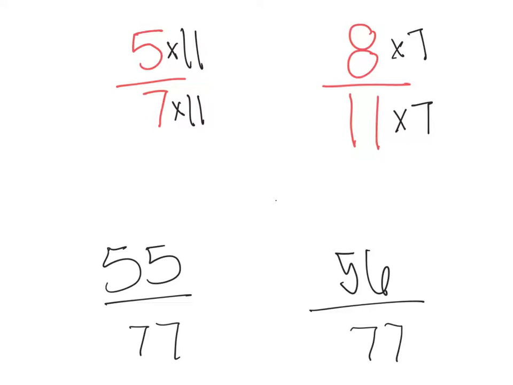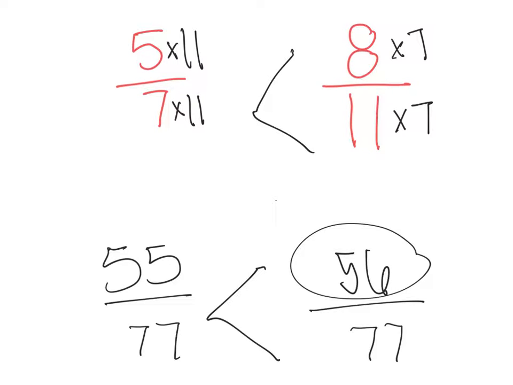Now I can compare them, and I see that 56 is bigger than 55, which means that 8/11 is greater than 5/7. Because 56/77 is equal to 8/11, and 5/7 is equal to 55/77. So 56/77 is greater than 55/77. Therefore, 8/11 is bigger than 5/7.